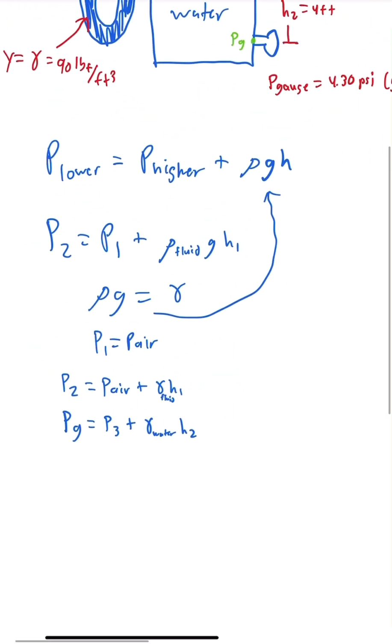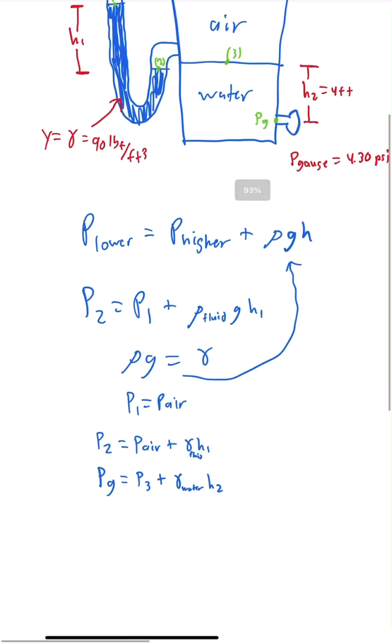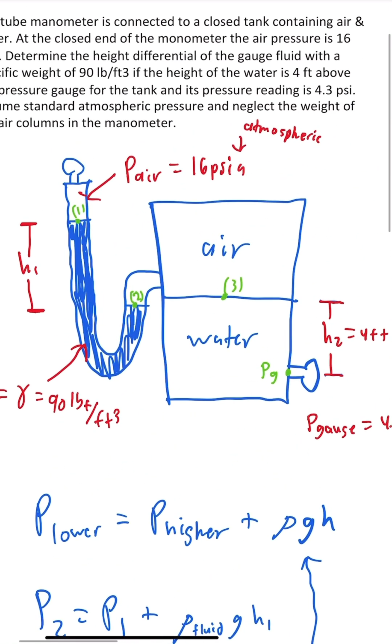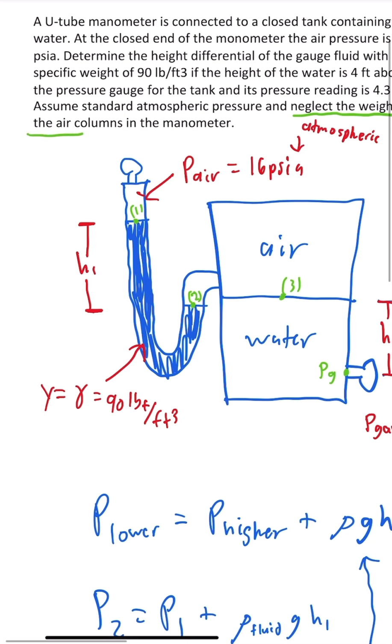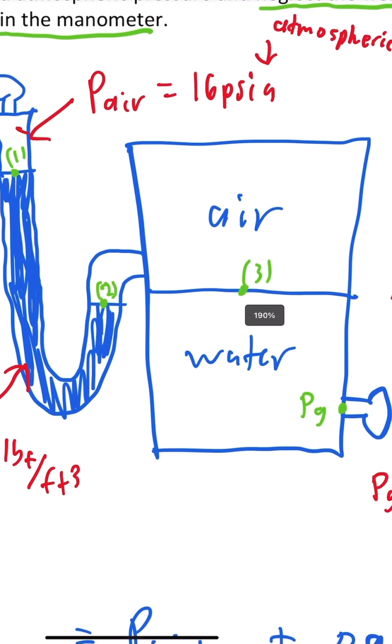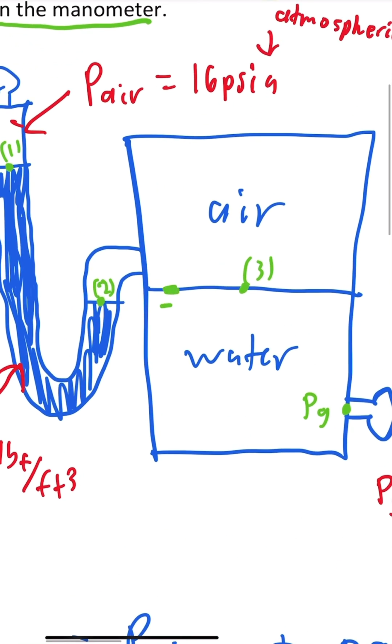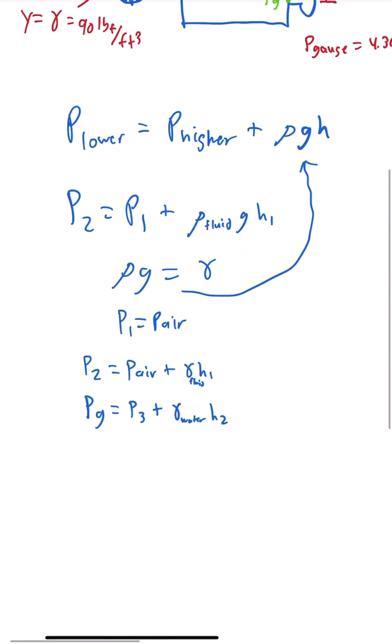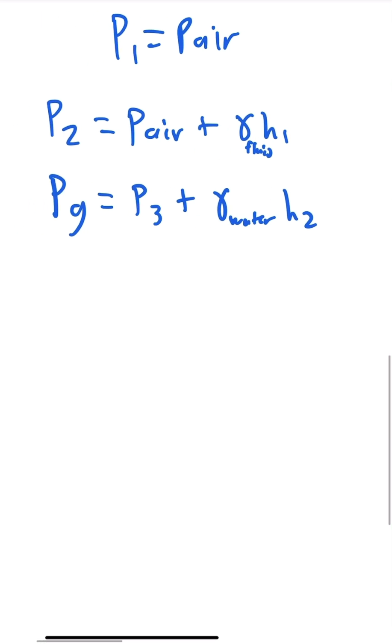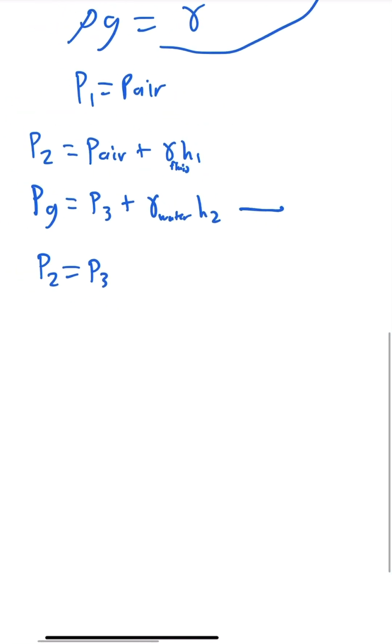But how do we relate these two equations? Well, this tells us that we can neglect the weight of the air in the columns in the manometer. So this little height difference right here, whatever H3 may be, is negligible. We can say that's equal to 0. So we can really just say that P2 is equal to P3. So let's rearrange this equation so we can say what P3 equals.